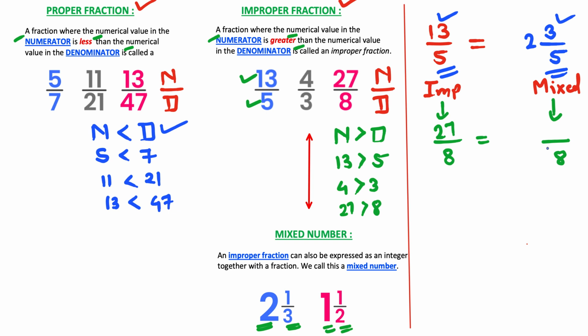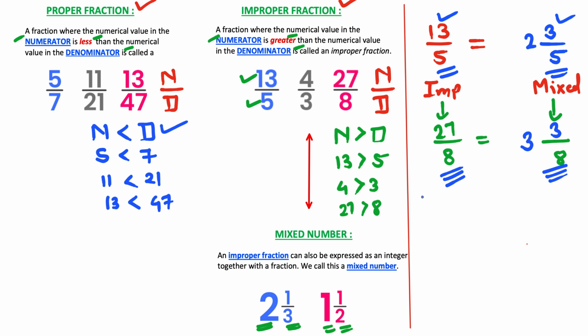So 32 is bigger than 27, so I can't go 4 times. I'll go only thrice, so I will write 3 here. Now 8 threes is 24. How much is remaining out of 27? Subtracting 24 from 27 gives 3. So 27 upon 8, an improper fraction, can be written as 3 3 upon 8 as a mixed number.